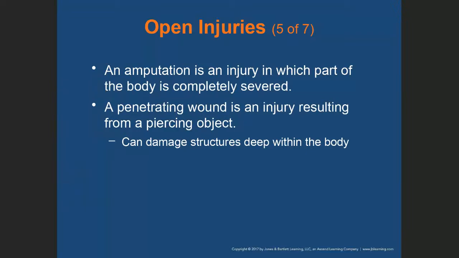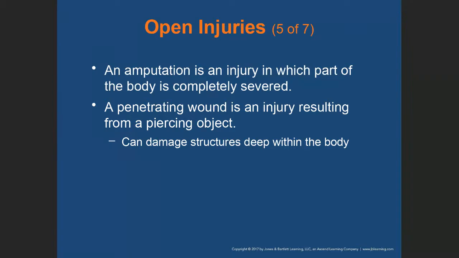An amputation is an injury in which part of the body is completely severed. And we're talking about limbs, because if the head is gone, sorry, it's a decapitation if the head is gone.